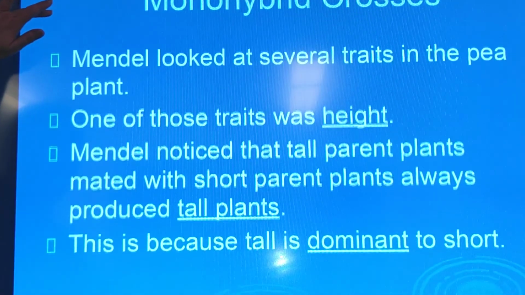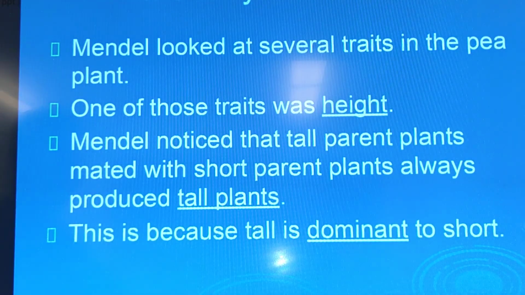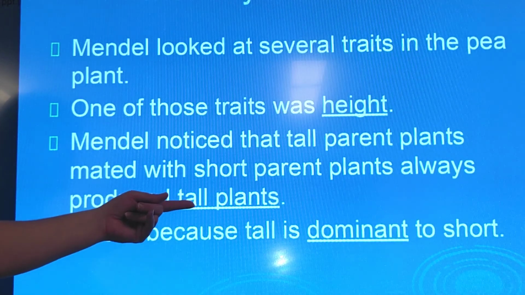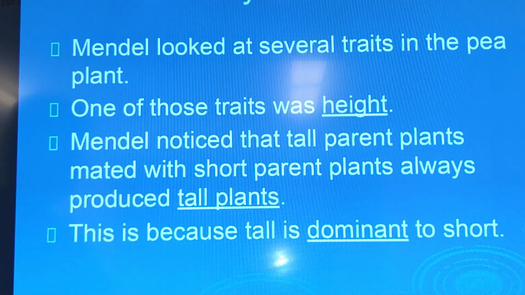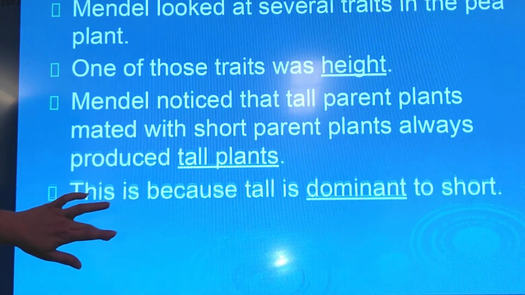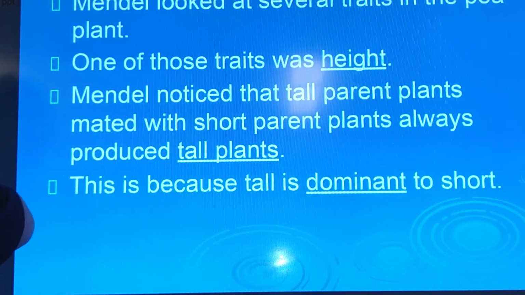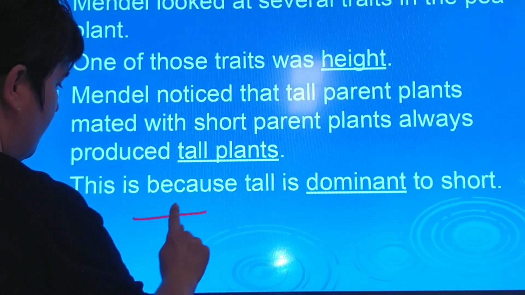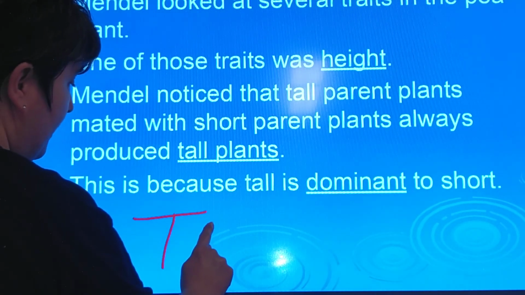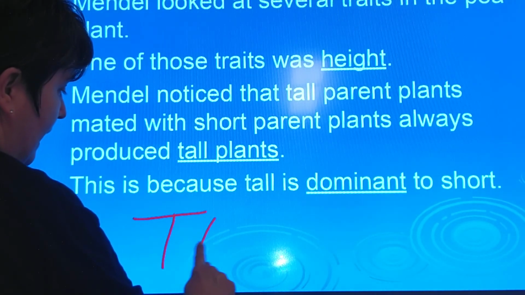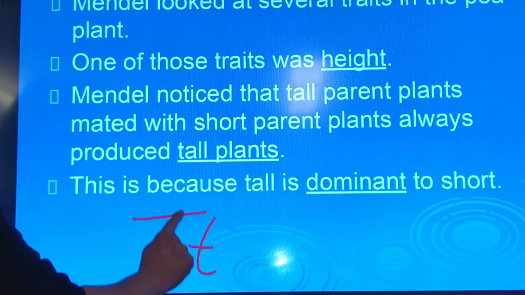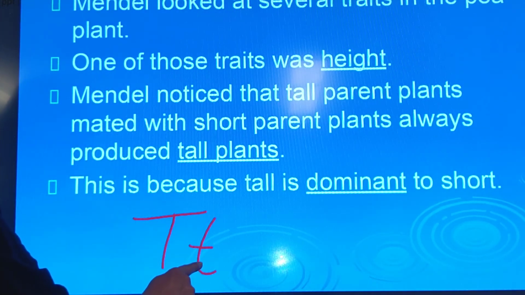In a monohybrid cross, Mendel looked at several traits in pea plants. One of those traits was the height of the pea plant. He noticed that when a tall parent plant was crossed with a short parent plant, they all came out tall. So they all came out with the tall trait because tall is dominant. If you end up with a tall parent and a short parent, and we get a tall gene from one parent and a short gene from the other parent, we get dominant tall, recessive short.